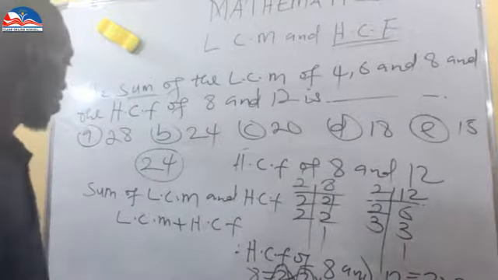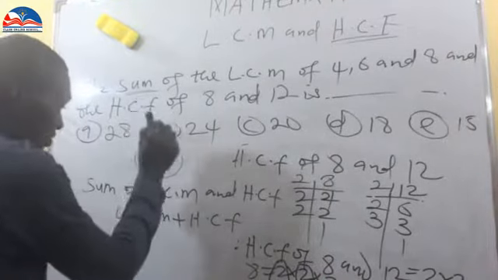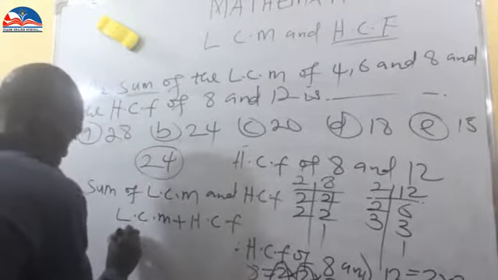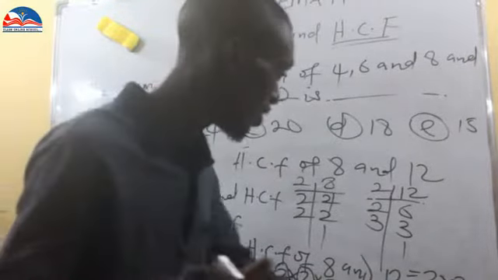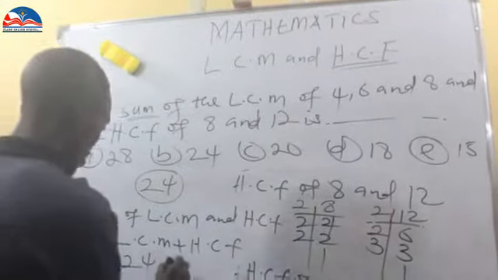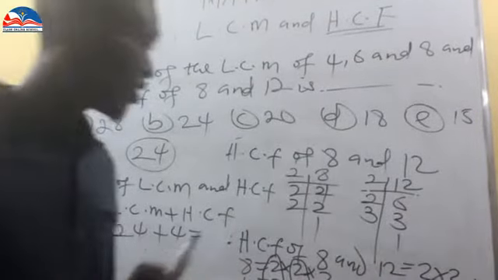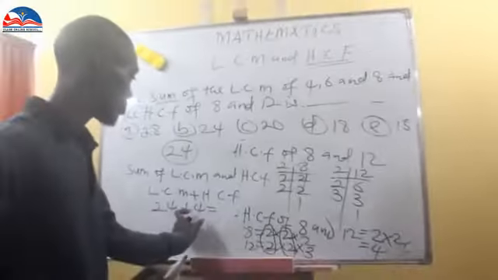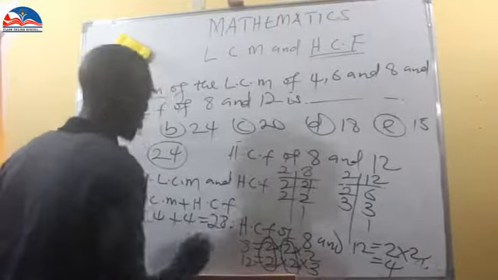Look, now you have that our LCM as we obtained is 24, plus our HCF, which we obtained as 4. Now getting the sum, 24 plus 4 will give us 28.